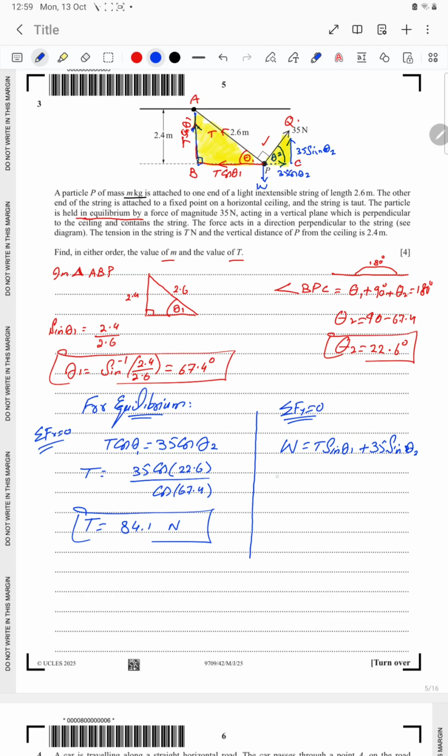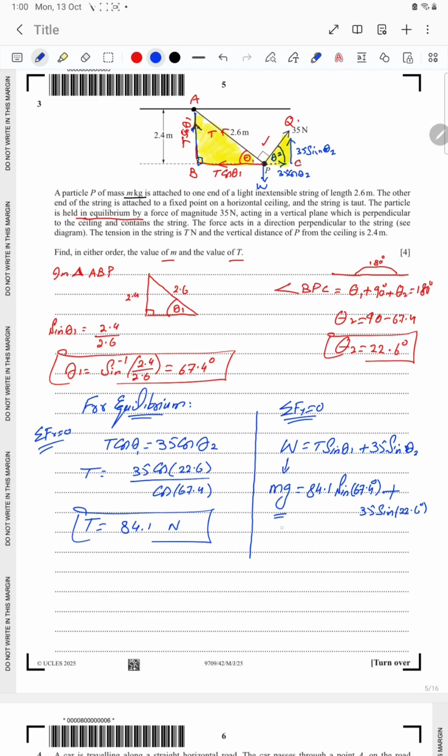Now weight W is equal to mg, and T we have calculated 84.1 times sine of theta 1, which is 67.4 degree, plus 35 sine of 22.6 degree.